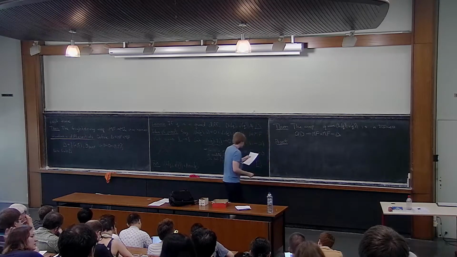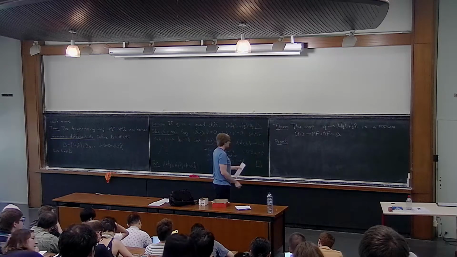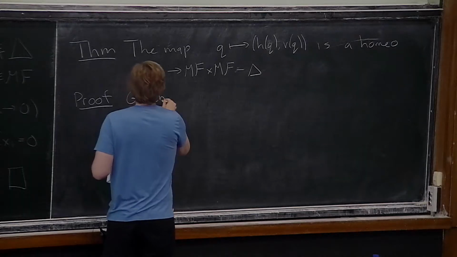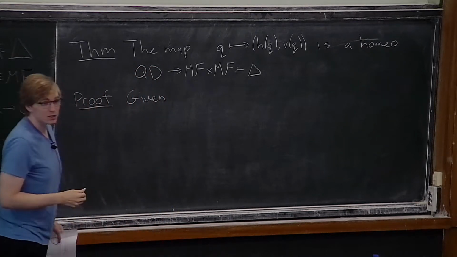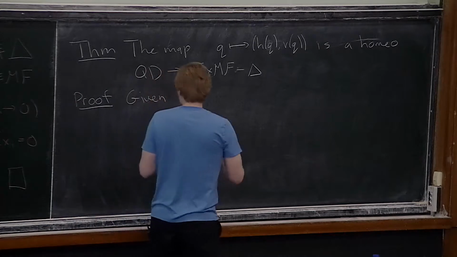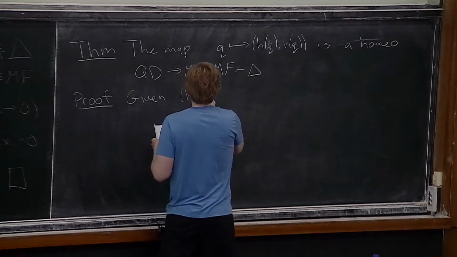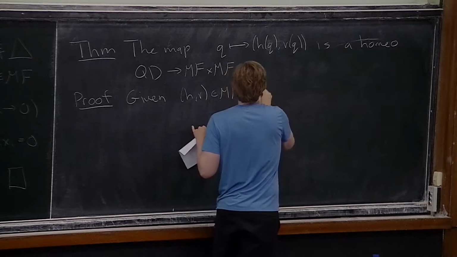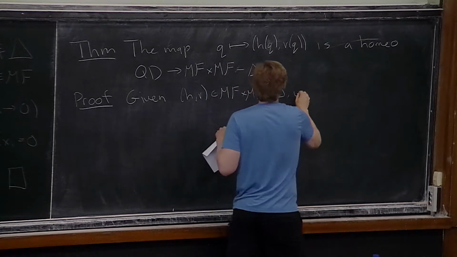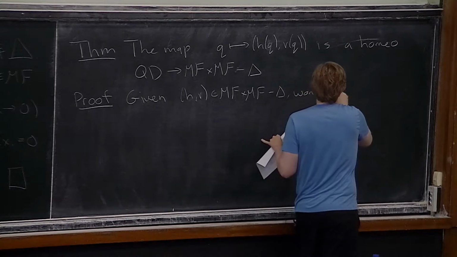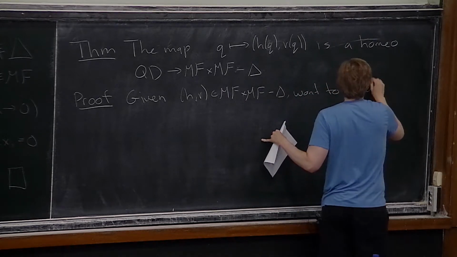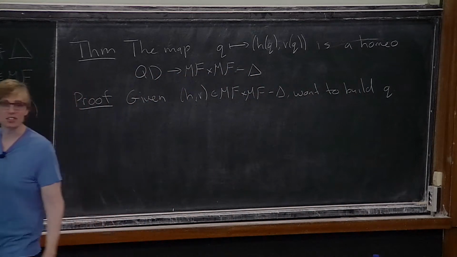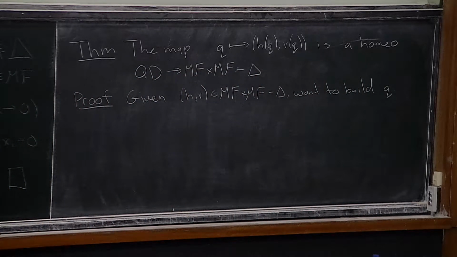I'll say proof, but as usual, it's just an outline of the proof. So we want to build an inverse to show that this is a homeo. So given two foliations in MF cross MF minus delta, we want to build Q. And the chief difficulty is getting them to be actually transverse.